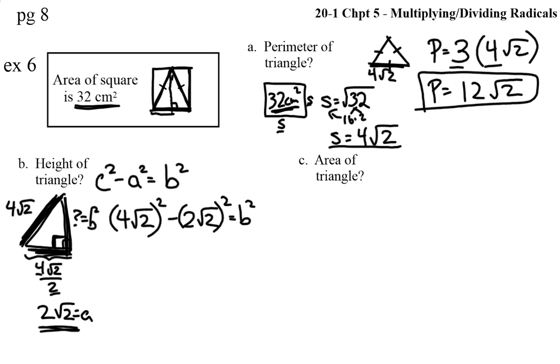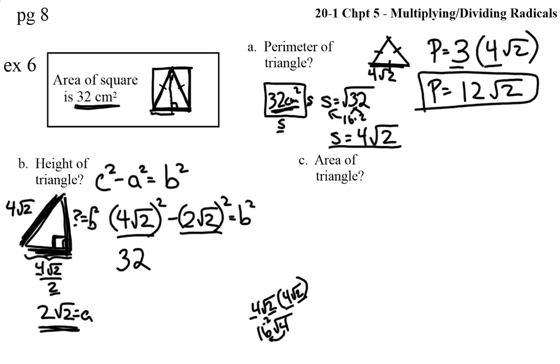Well, we've got to do some calculations. First calculation is 4 root 2 squared. So 4 root 2 times 4 root 2, 16, root 4 using the rules of multiplying radicals. 4 can root out, which becomes a 2. So 16 times 2, we get a value here of 32.